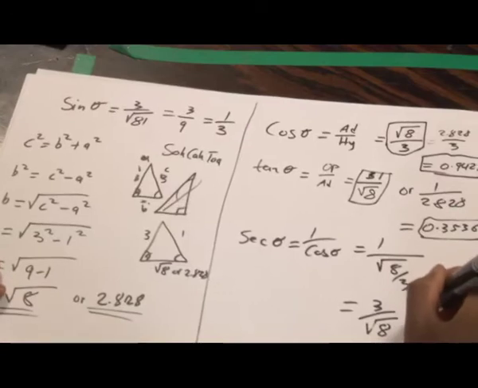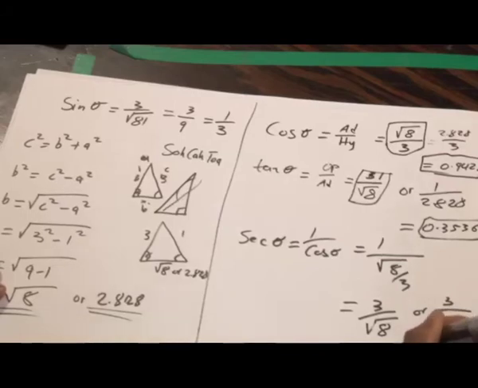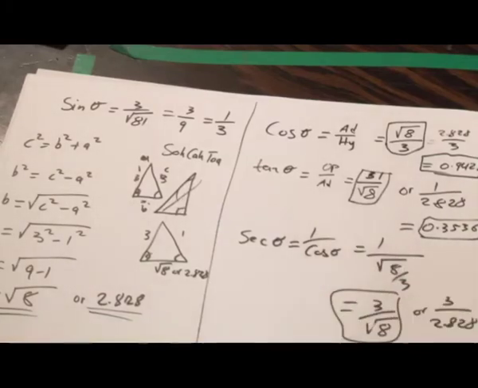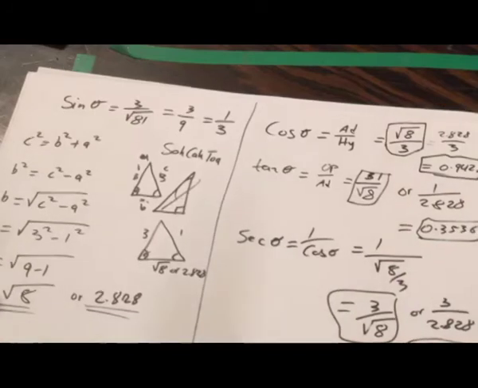Or if you want, you can say 3 divided by 2.828, which will give you 1.0608. Now you write it like that or like that, it is still correct. All right.